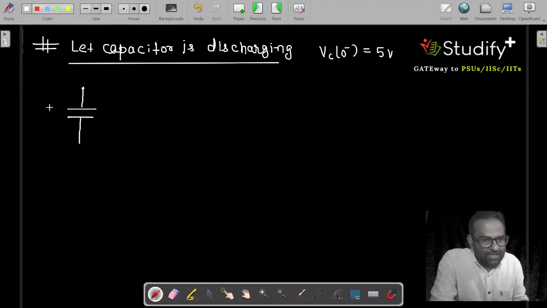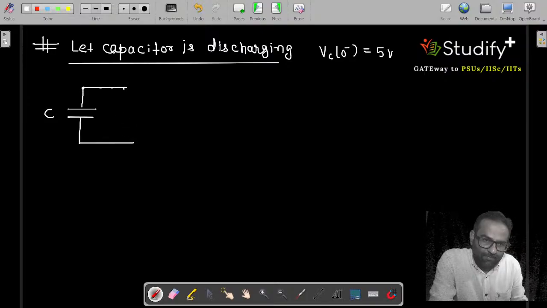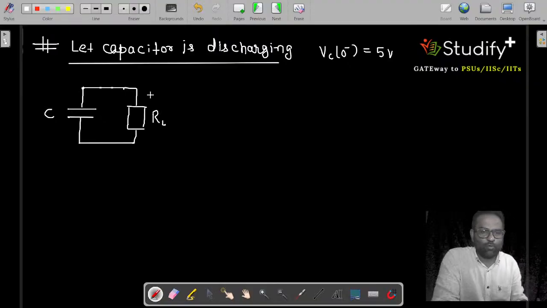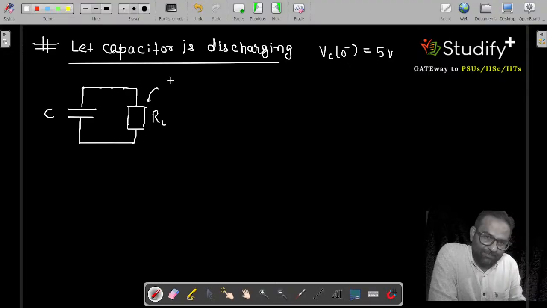Now you are connecting this capacitor with a load. This is the load, some load resistance is connected, any kind of load.